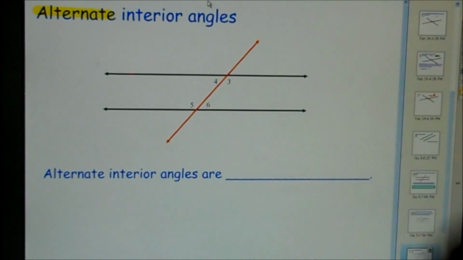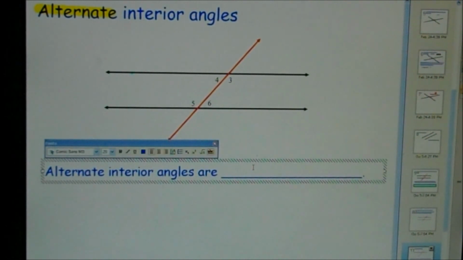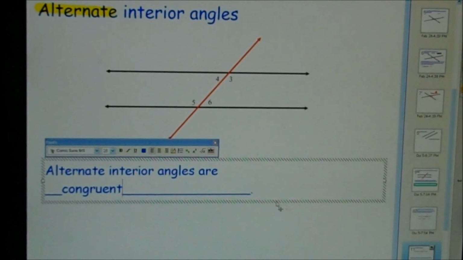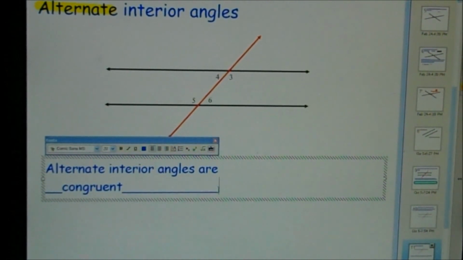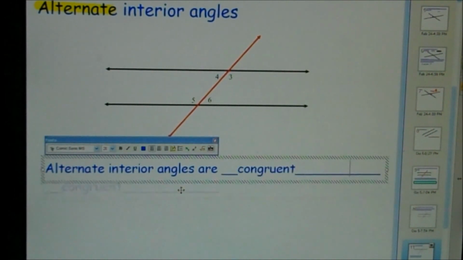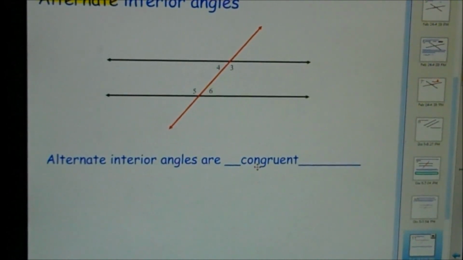So 4 and 6 would be alternate interior angles. 3 and 5 is another pair of alternate interior angles. And alternate interior angles are congruent. Let me take some of this away so it goes back up. There we go. Alternate interior angles are congruent.